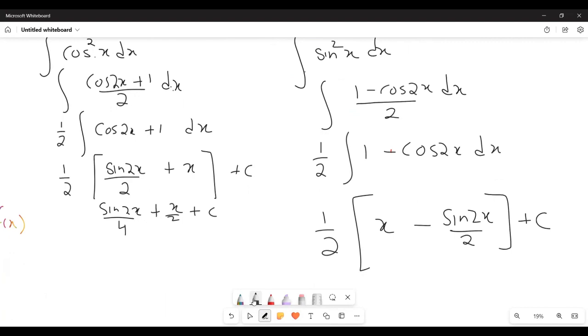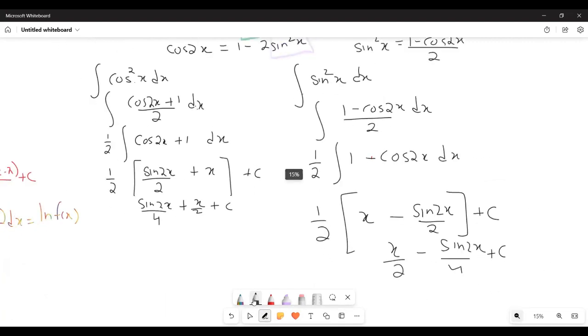Plus c. So we get x upon 2 minus sin 2x upon 4 plus c. That's the integration of sin square x.